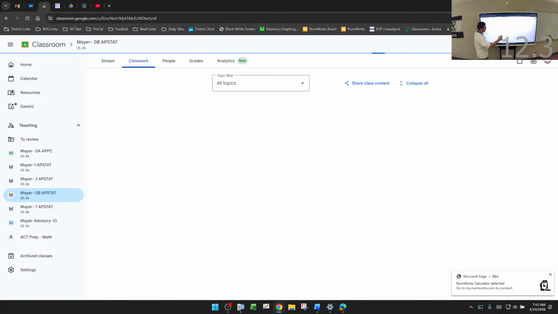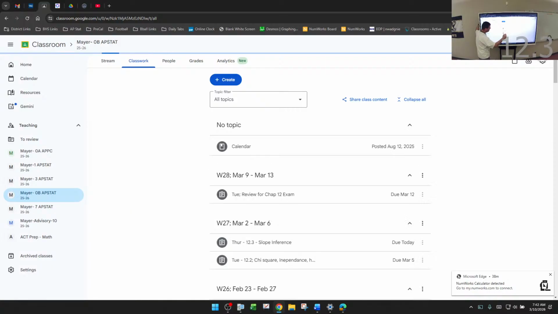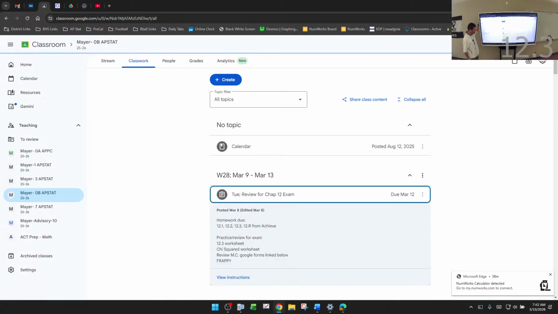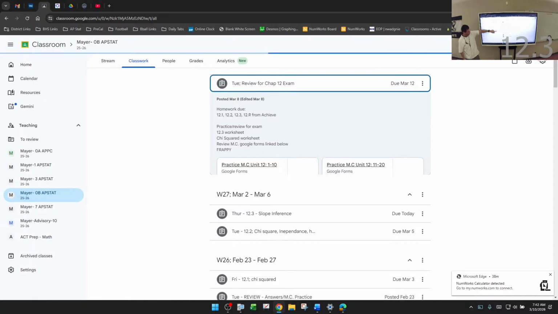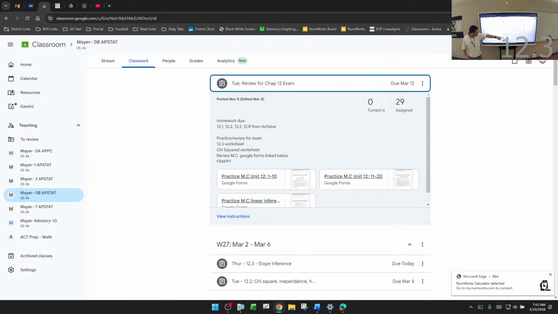Classwork review. There are 10 multiple choice questions off of chi-squared, and there are 6 multiple choice questions off of slope inference. I'm not smart enough to come up with my own questions, so they came from somewhere.